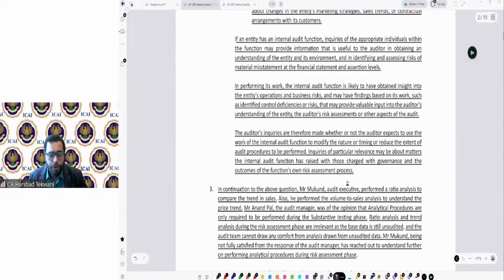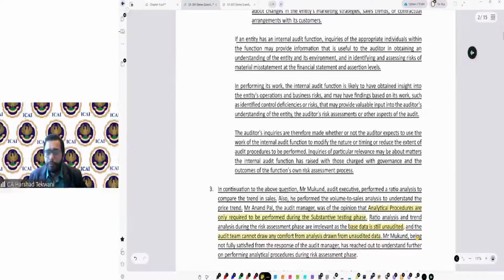So the question here is, guys, whether analytical procedures can be used during risk assessment procedures, or whether they are only required to be performed during the substantive testing phase, as the base data is unaudited and the audit team cannot draw any comfort from the analysis drawn from the unaudited data.